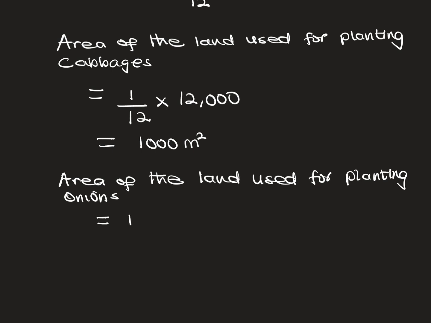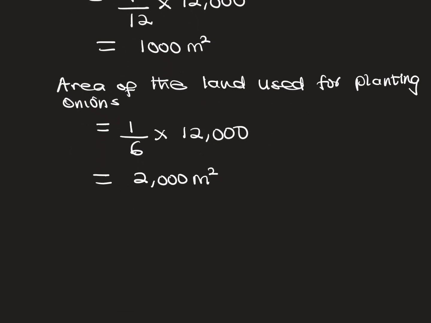So that will be 1 over 6 times 12,000. And that will give us 2,000 meter squared. Okay, so question 1 is asking us to find the fraction when you compare these two areas.